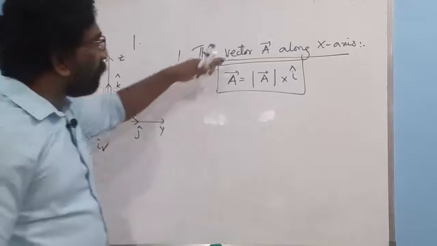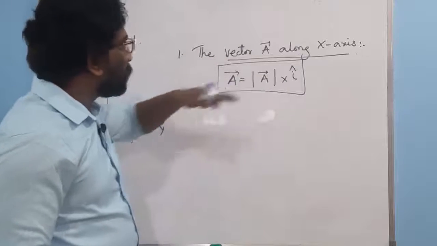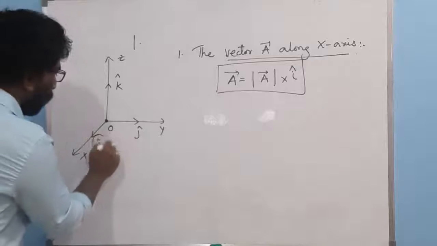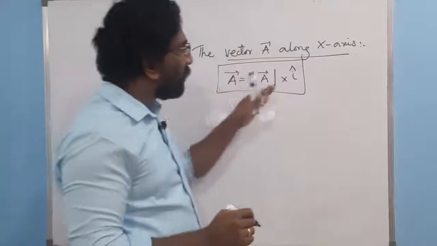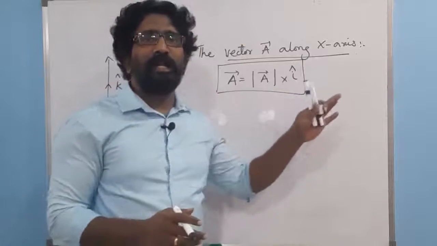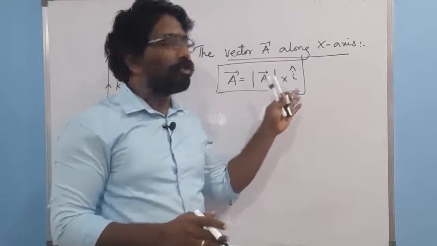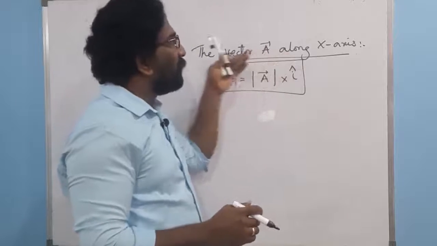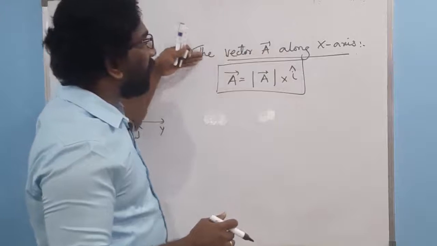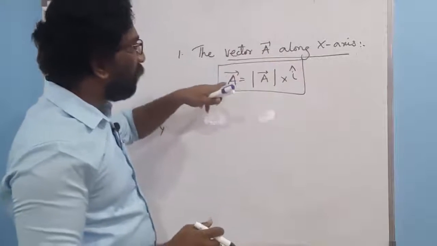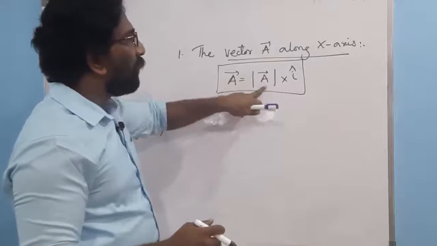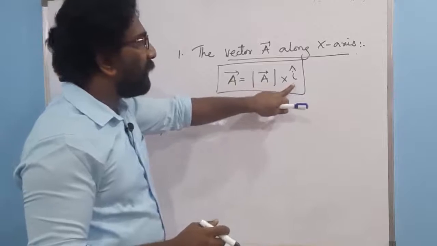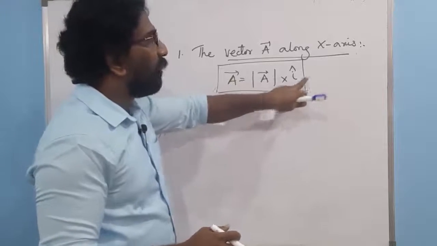The direction of this vector along the x-axis is denoted by the unit vector, because in the definition we have studied that a unit vector denotes the direction of the given vector. Here A is the given vector, so the vector A along the x-axis equals mod A into I cap. This I indicates that your vector is along the x-axis.